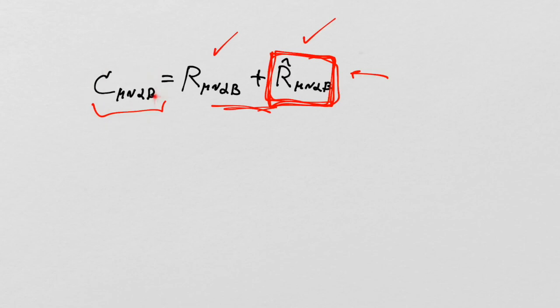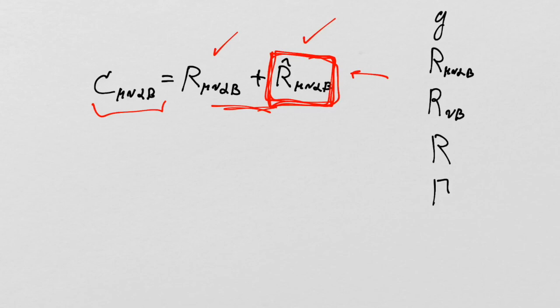This guy here can only be built out of elementary things that we already know, which includes the metric, which includes the Riemann tensor, which includes the Ricci tensor, and includes the scalar curvature. Those are the things, and I suppose you could say it includes the connection as well.